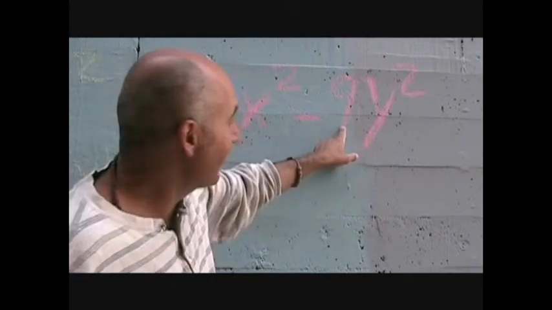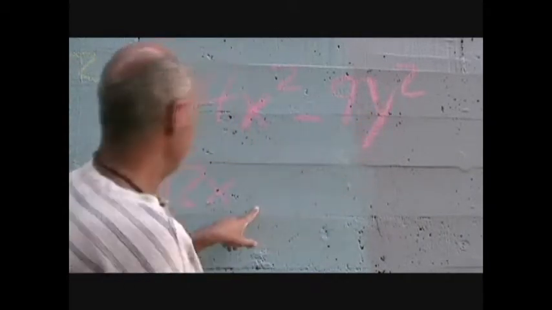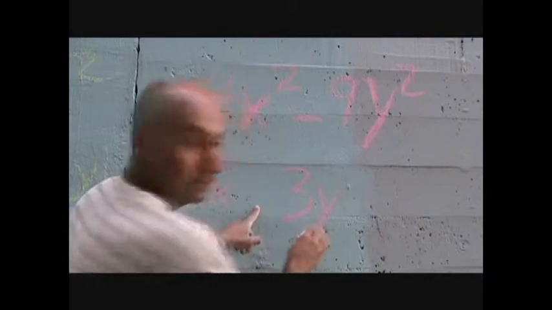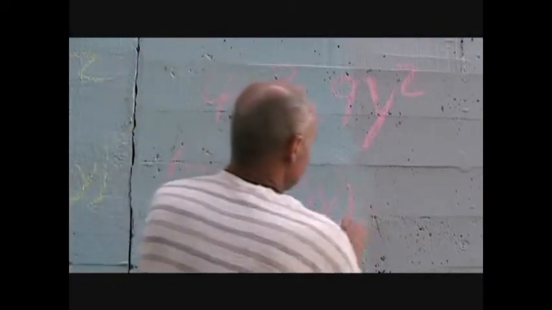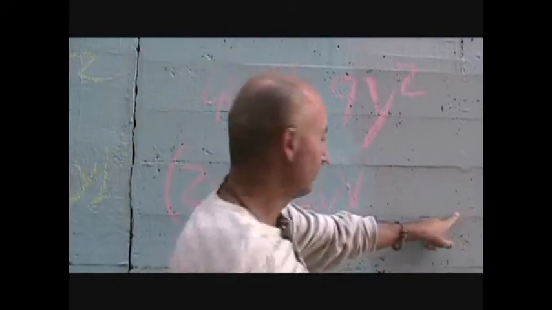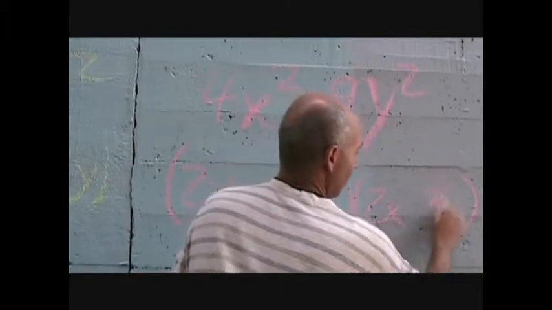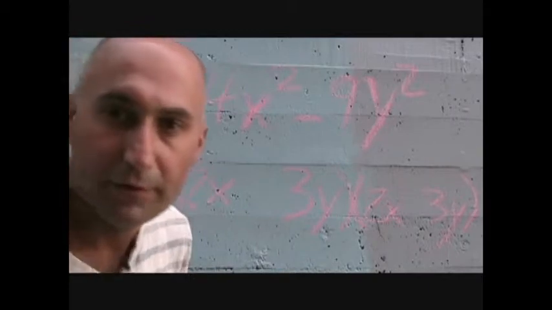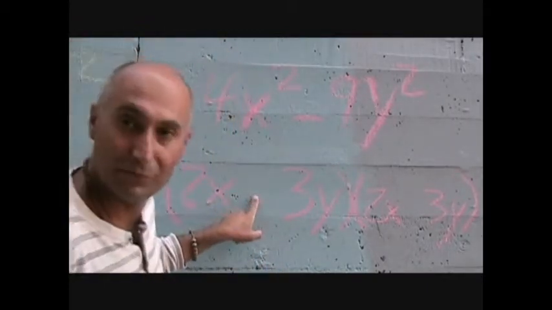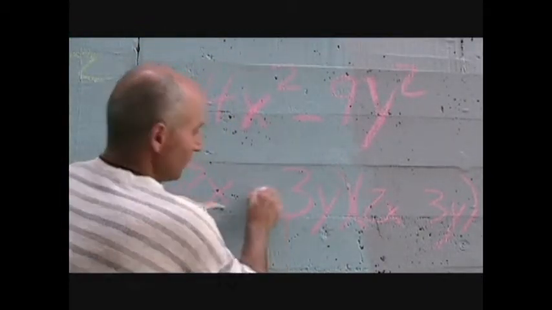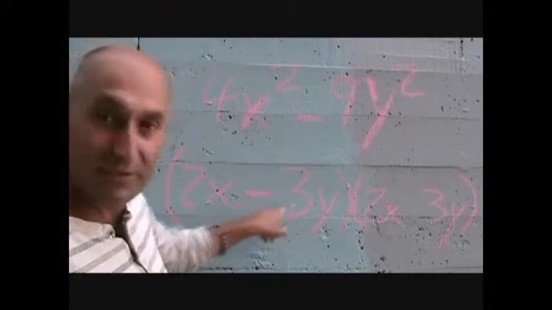The square root of 9y squared is just going to be 3y. So 2x, your choice, minus or plus. Let's go minus: 2x minus 3y times 2x plus 3y.